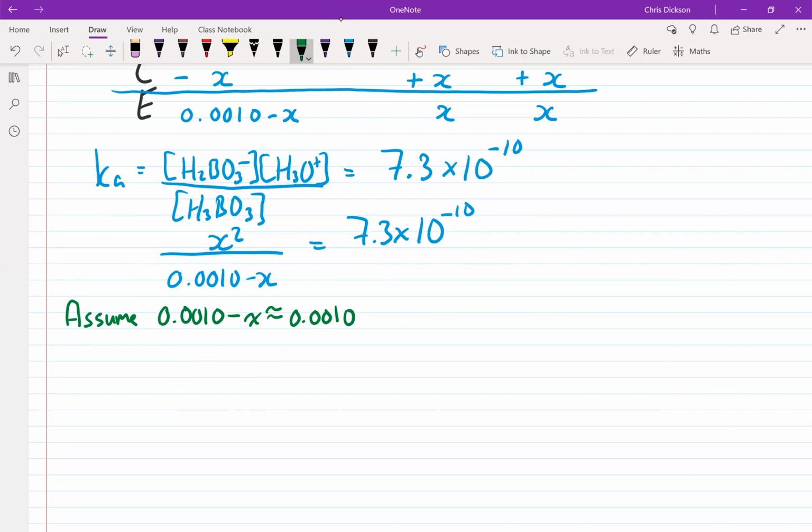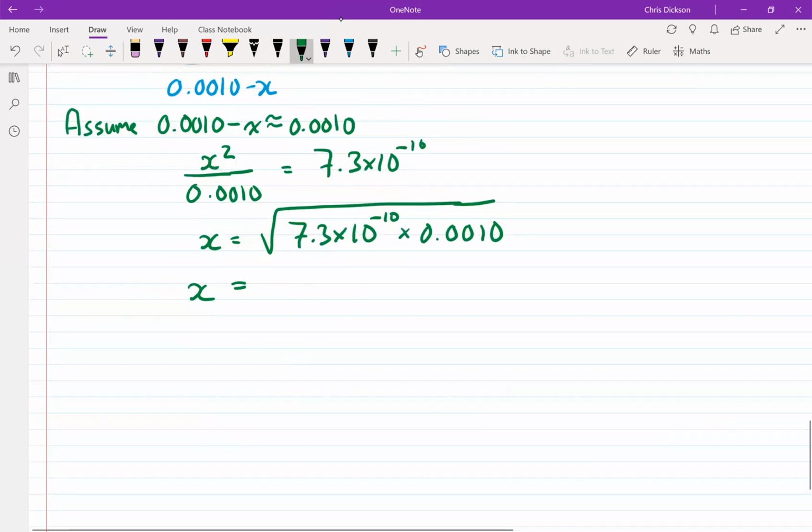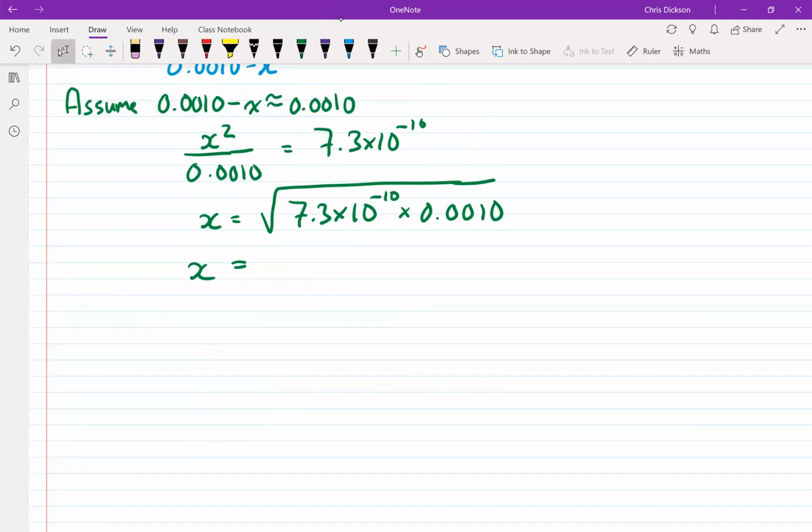So that means I'm going to have X squared all over 0.0010, all equaling a Ka value of 7.3 times 10 to the minus 10. So I'm going to cross multiply here and square root both sides of the equation. So the root of 7.3 times 10 to the minus 10, all multiplied by 0.0010. Oh, I gotta square that.